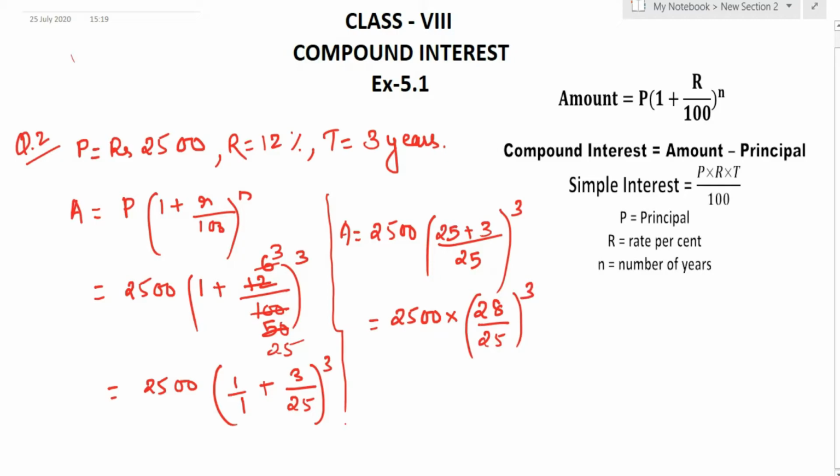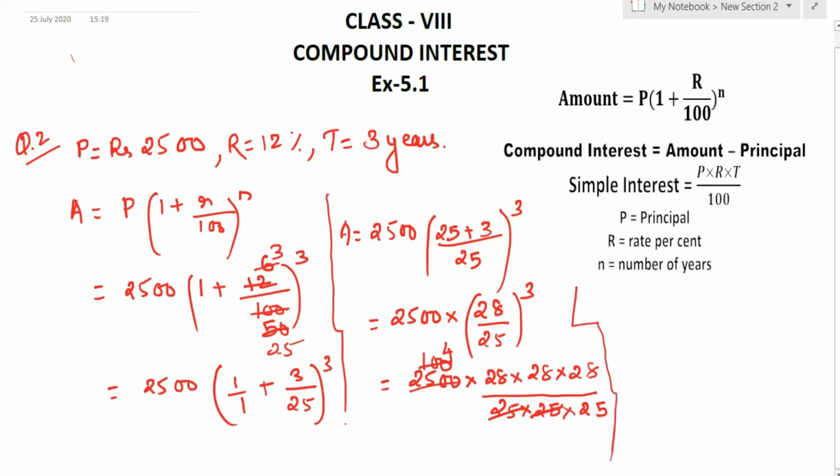Now let's calculate this. So this will become 2,500 into 28 into 28 into 28 divided by 25 into 25 into 25. Now we can cancel this 25; 25 ones are 25, and 2,500 divided by 25 is 100. 25 fours are 100.